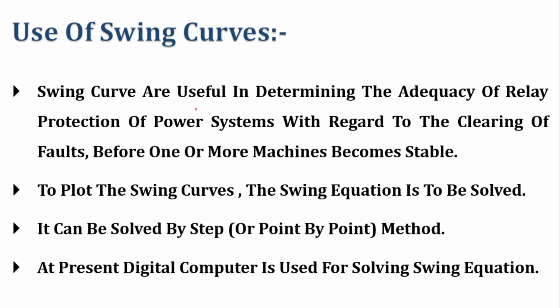Swing curves are useful for determining the adequacy of relays for the protection of the power system with regard to clearing of a fault before one or more machines become unstable. So, this swing curve is useful for the protection of the power system. The data is useful for the operation of relays to make the system stable.